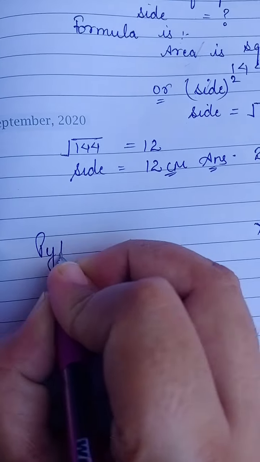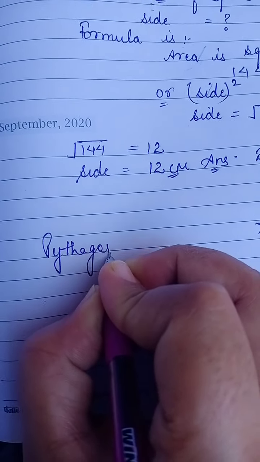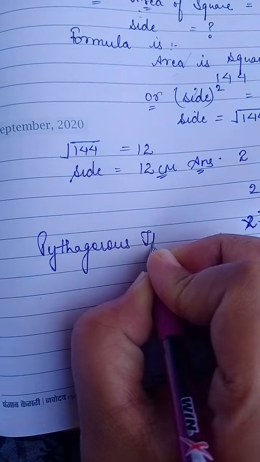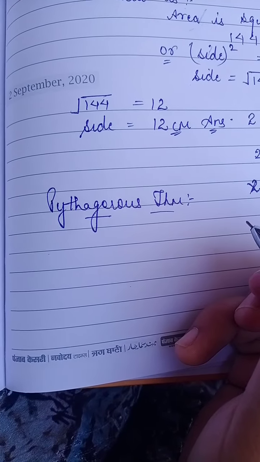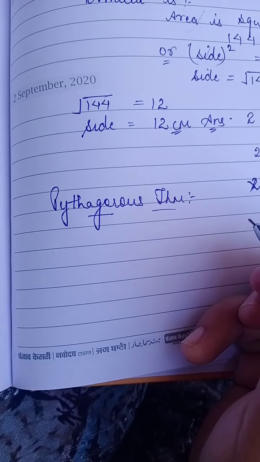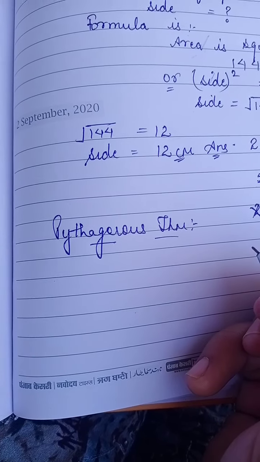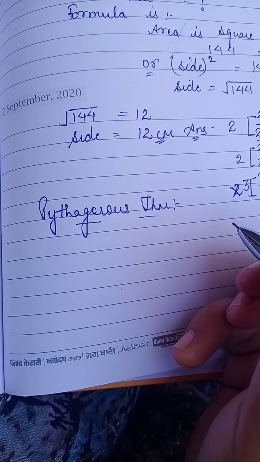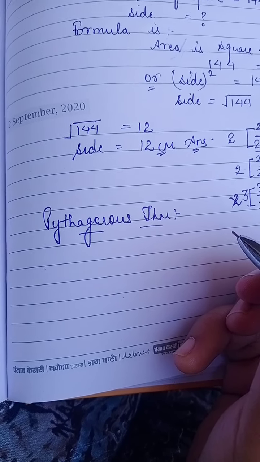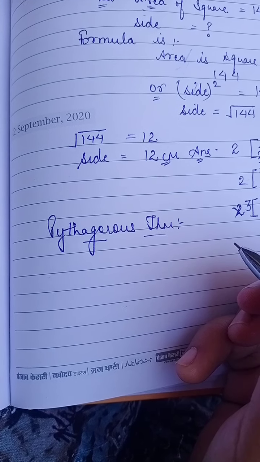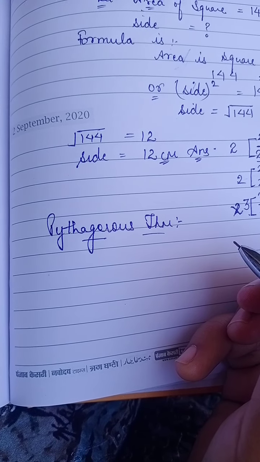Pythagoras theorem. So what is the Pythagoras theorem? Pythagoras was a great mathematician. He gave us a formula to find the unknown value of a triangle.